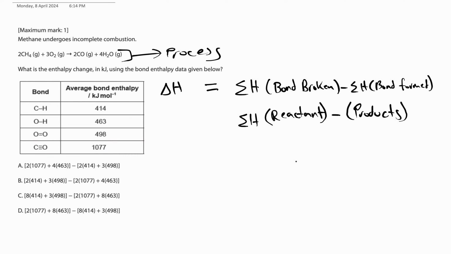So let's do that. Right, we have CH4, so let's draw this whole process using the Lewis diagrams. We know that CH4 looks something like this, and there is a total of 2 of these. Okay, let me draw it smaller just so we have enough space.